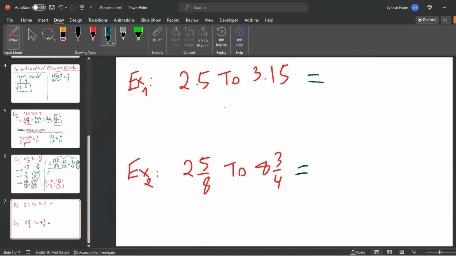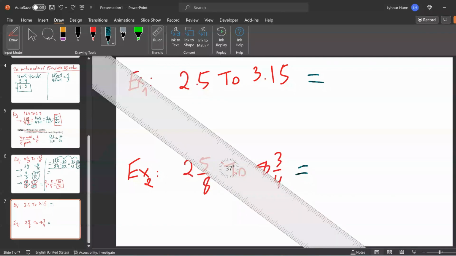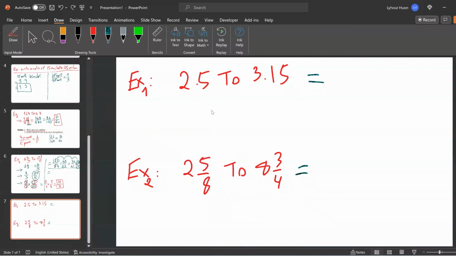And then we reduce that. And what is the answer? 104. Then it's 42. You can divide.